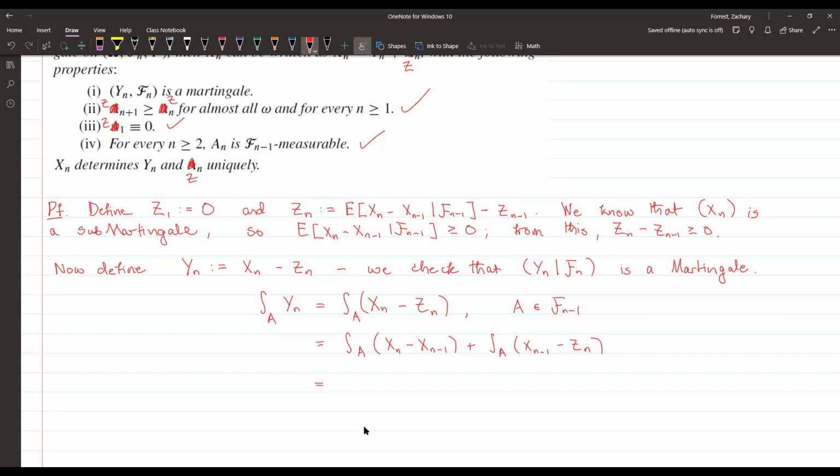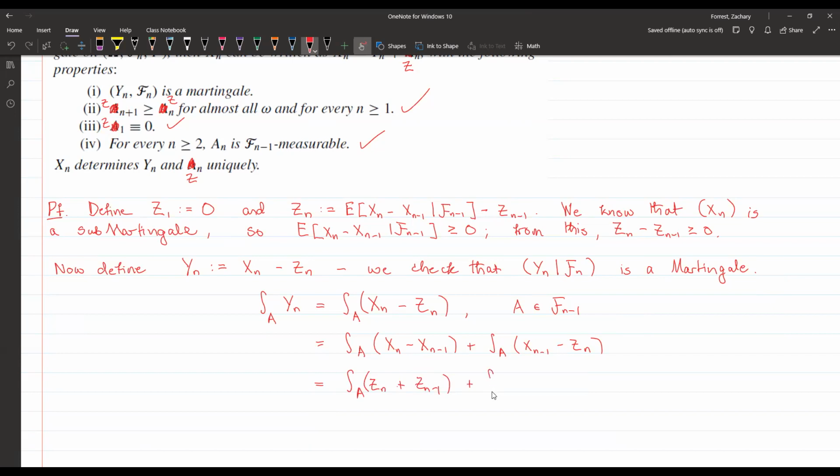All right, so because of the way that we've defined things, it turns out that when I take this integral right here, the integral with respect to A of Xn minus 1, since A is Fn minus 1 measurable, it's exactly the same thing as the integral with respect to A of Zn, or excuse me, plus Zn minus 1.